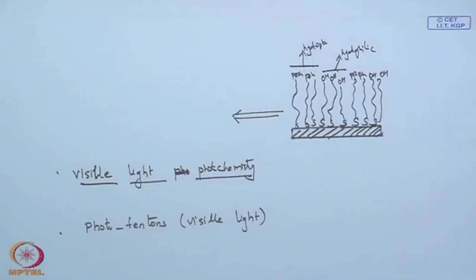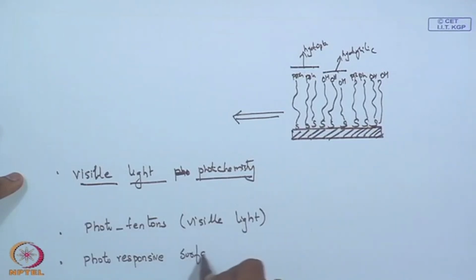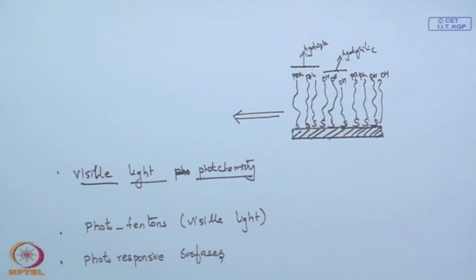That is another area coming out. And the final nice area is photoresponsive surfaces you can create, which people are working on, where once you shine light the surface becomes hydrophobic, and after you shine light the surface becomes hydrophilic. That is another nice area coming out.